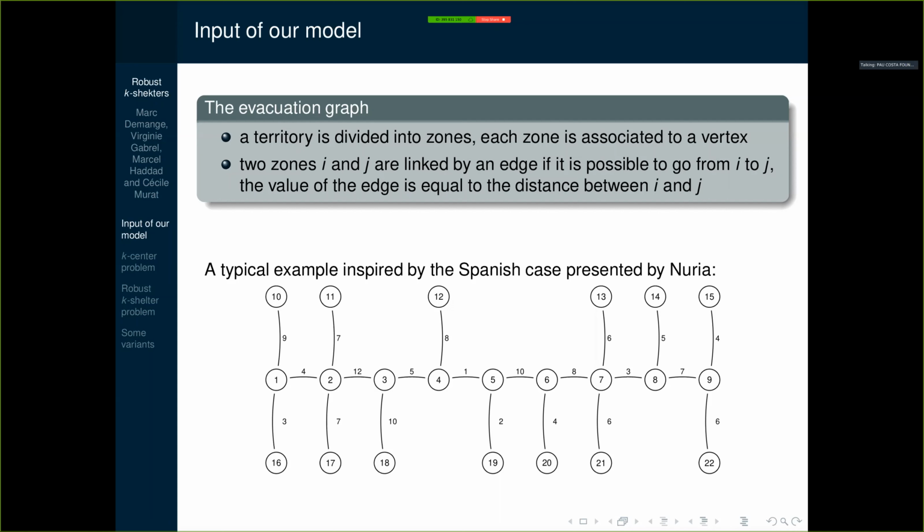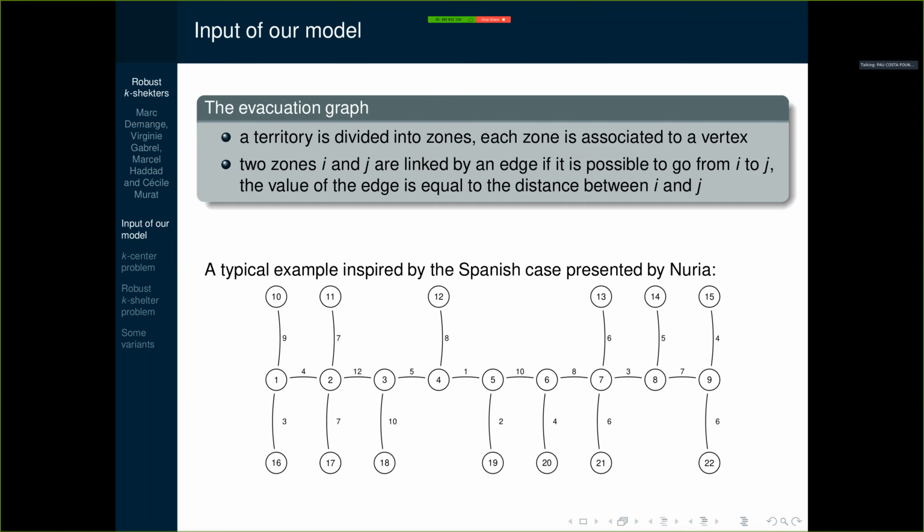We present here something which is near your example, Noria, in a valley in Spain. In the central part, we have the valley, and from this valley, we can go with roads to other places. So we have a particular graph here.